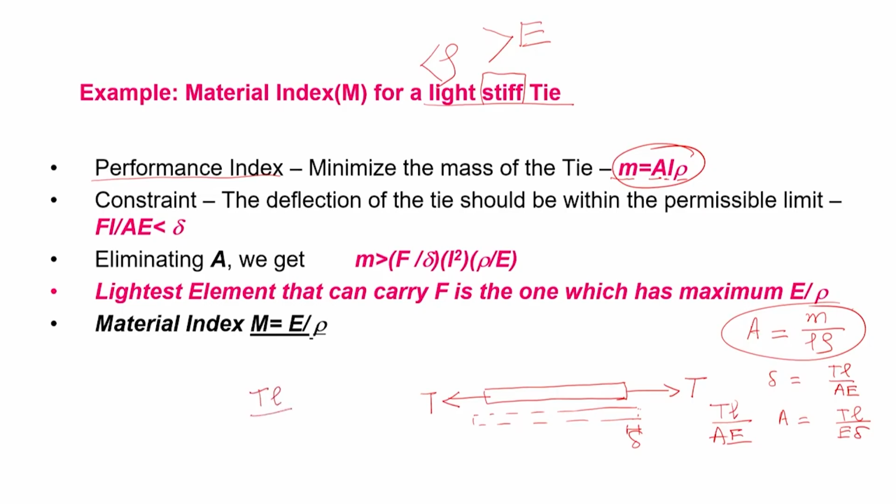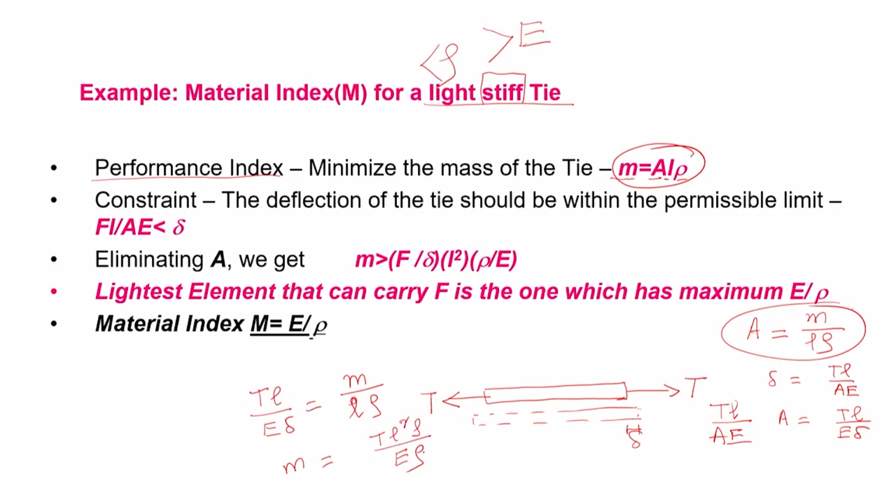I am going to get T L by E delta would become equal to M by L rho, right. Okay. So, I can write this in a manner now that what is the mass now? The mass is now T L square rho by E delta, right.